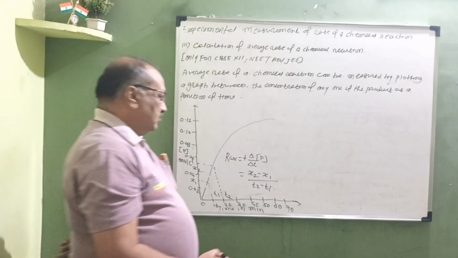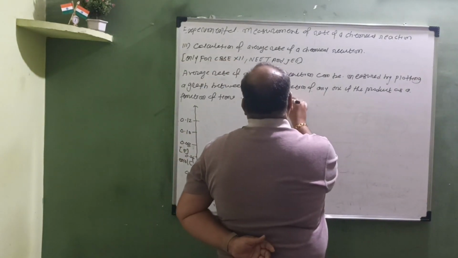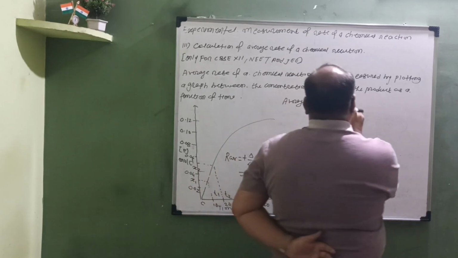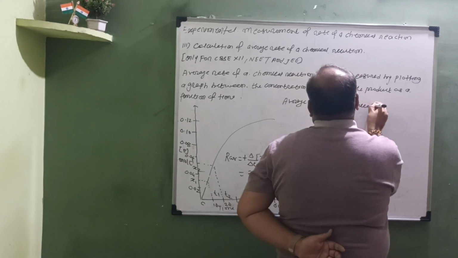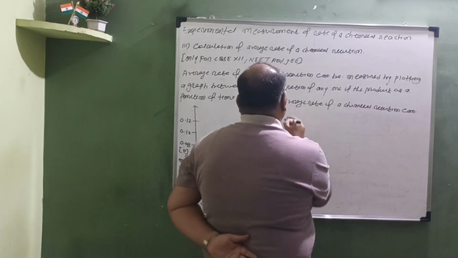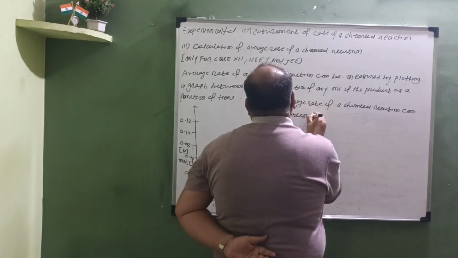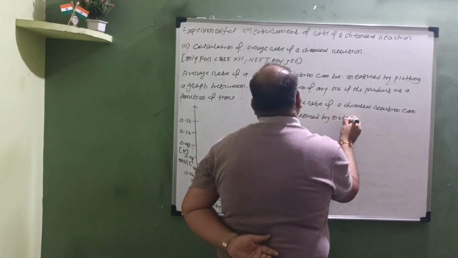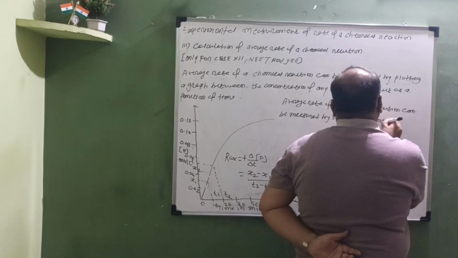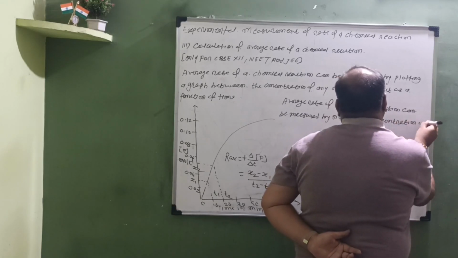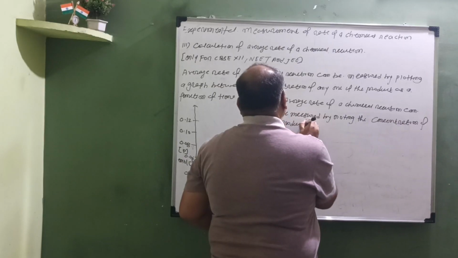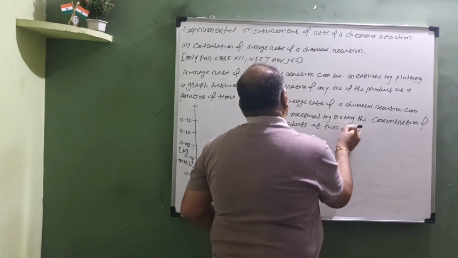That means here average rate of a chemical reaction can be measured by noting the concentration of product at two different times.